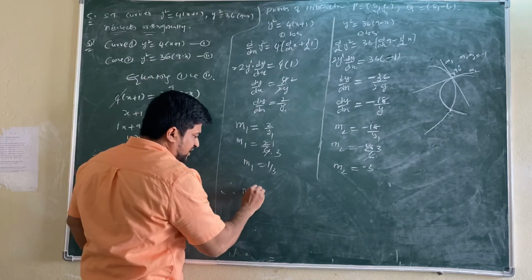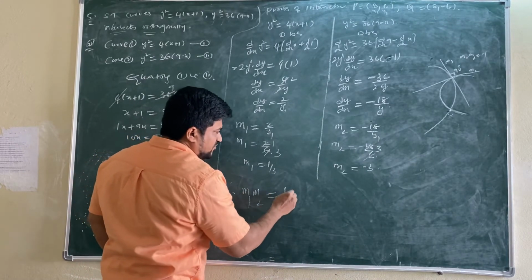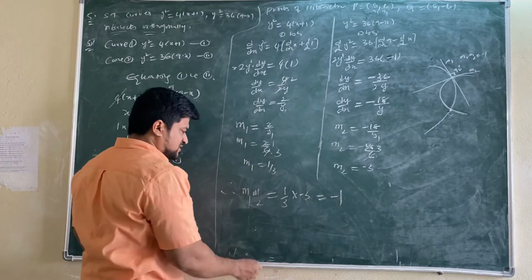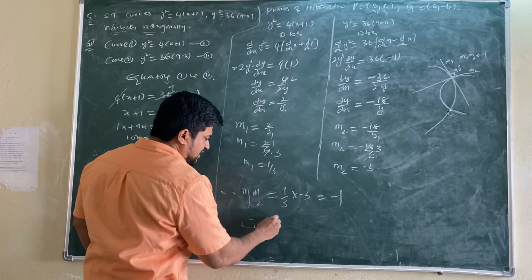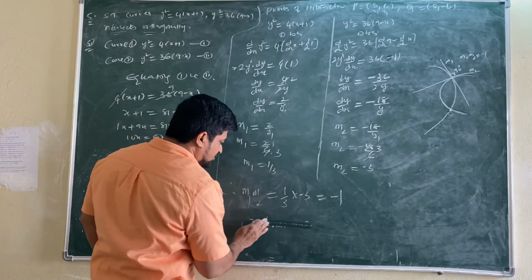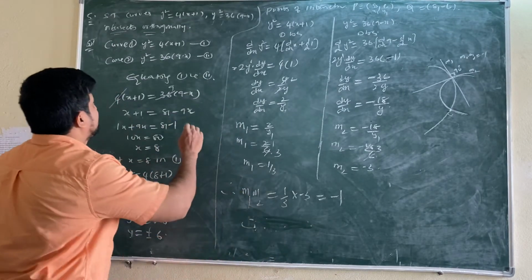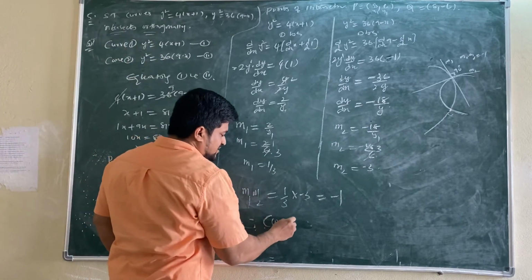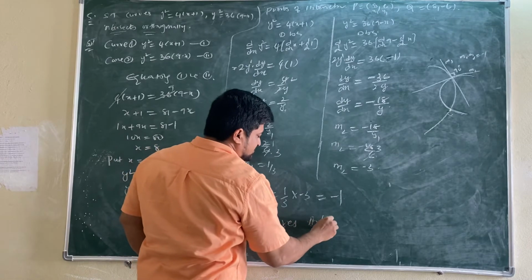Now you have to find m1 into m2. 1 by 3 into minus 3. So what? Minus 1. Therefore the lines are perpendicular, or rather we are not writing lines because they mentioned that it intersects orthogonally. Who intersects orthogonally? Curves intersect orthogonally.